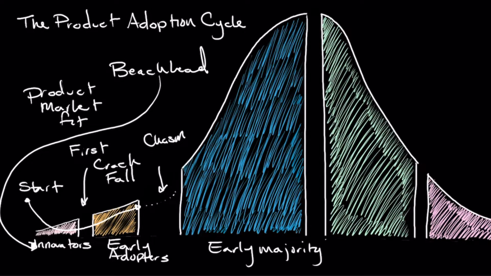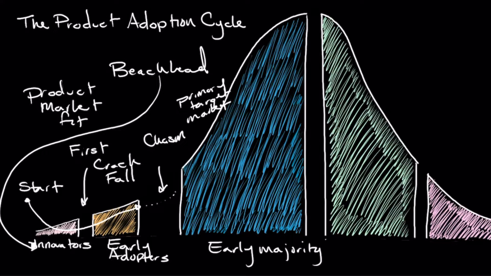This is the most difficult thing for a business to get over. It's extremely challenging, because this is where we get from a solid group of people that really love what we do to reaching our primary target market.